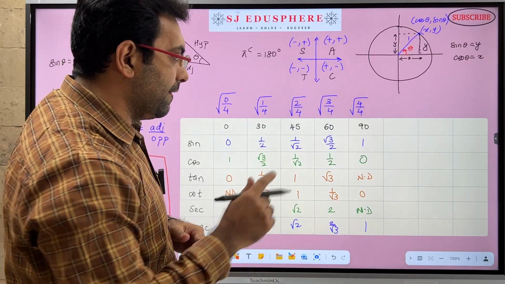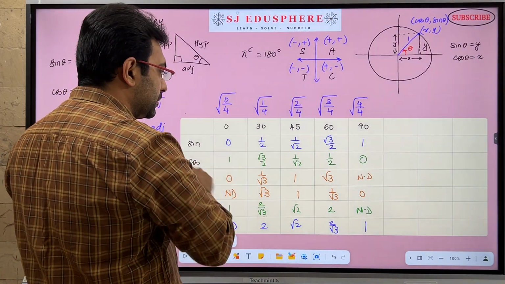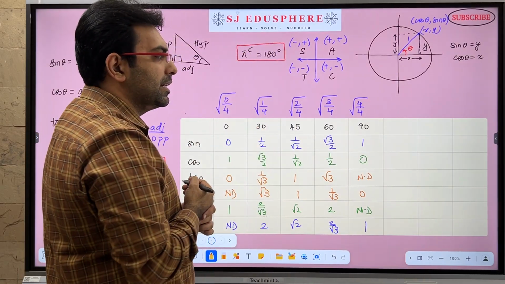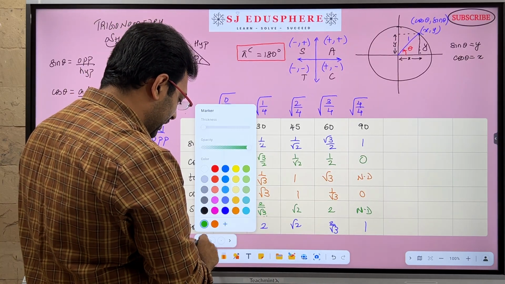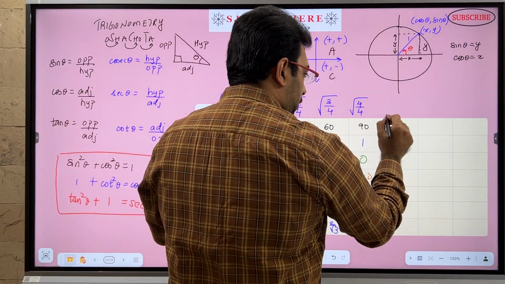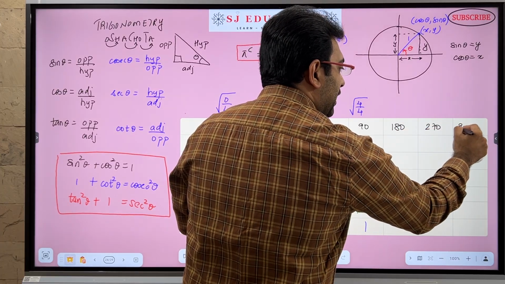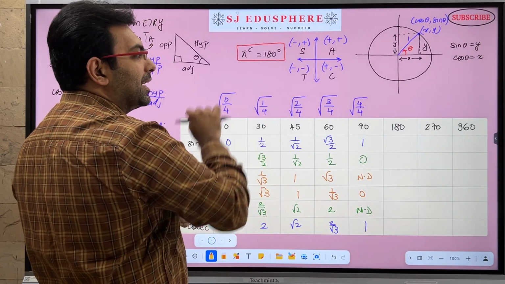So understand, before I jump ahead, I have derived that 180 degrees is pi radians. Okay. So if I want to find the other values over here, for which I'm writing 180, 270 and 360, what are you calling 180 as pi?